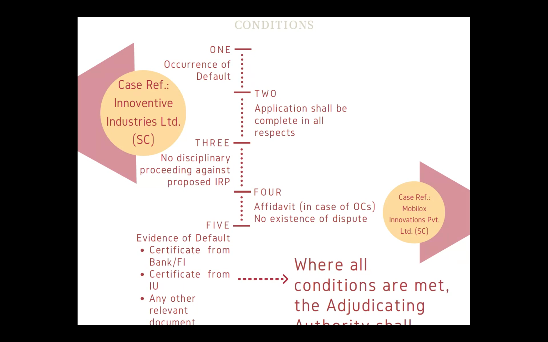An information utility is an institution established under the code to provide information on the debt maintained by the financial creditors or operational creditors of a corporate debtor. Any debt will be recorded, and at the same time the default would also be recorded. So that is one certificate you may ask for, or any other relevant document to prove your default. So where condition number 1, the occurrence of default, has been proved, it means condition number 5 is also met.